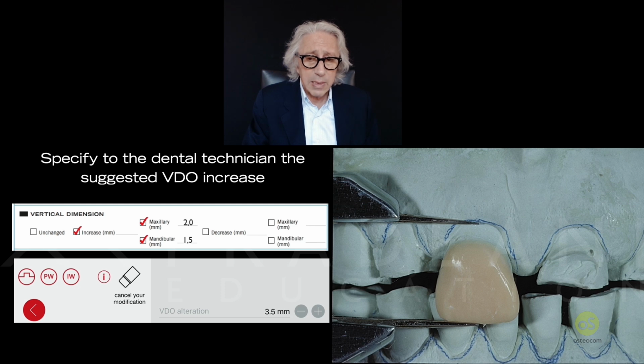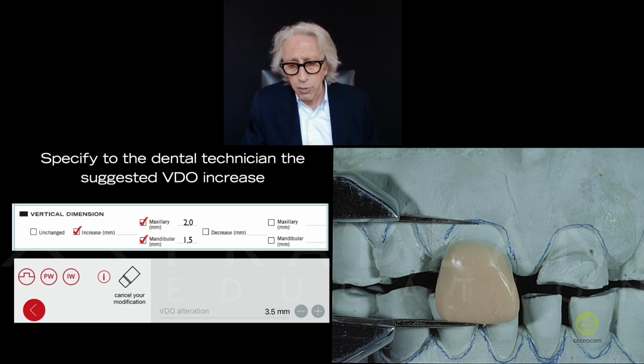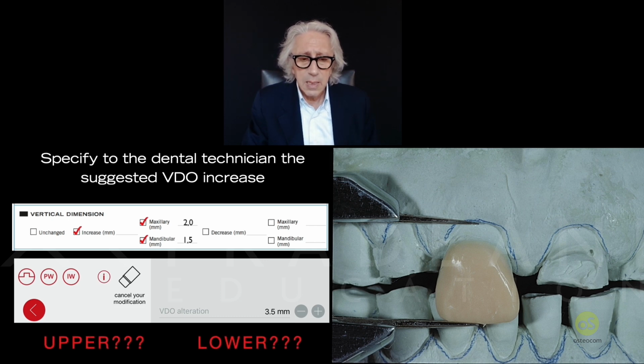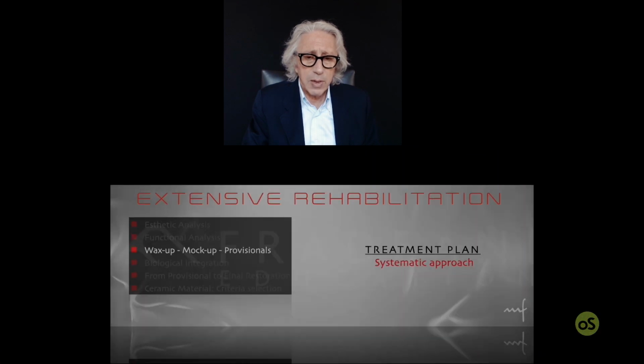You should be the one that defines this and informs the technician about it. The technician cannot know. They don't see the patient normally talking or laughing or just speaking. Of course you can make a movie and send it to him, but it's our responsibility as dentists. So upper or lower, that's the question.